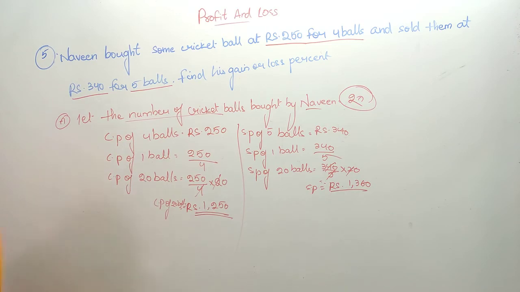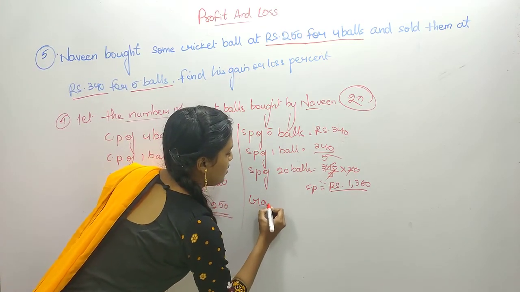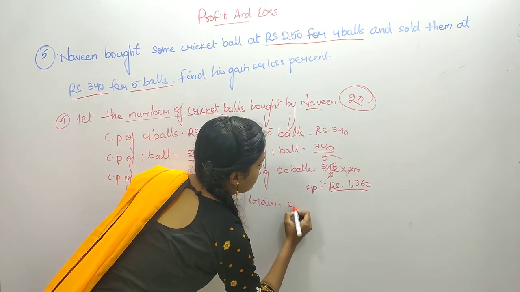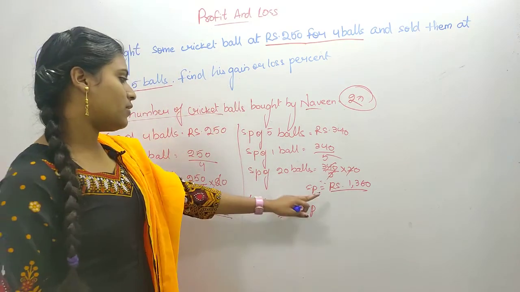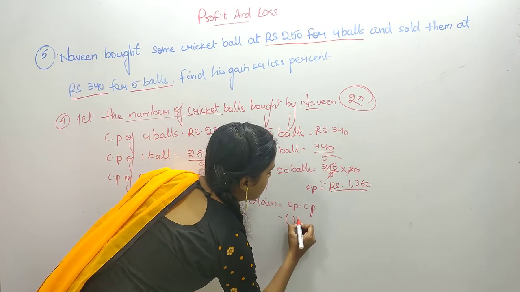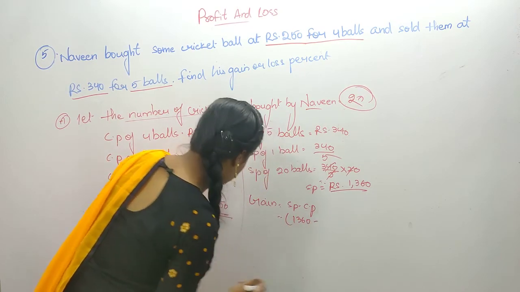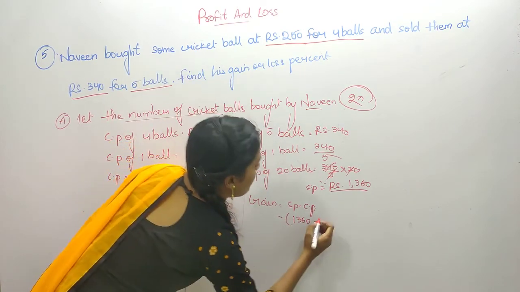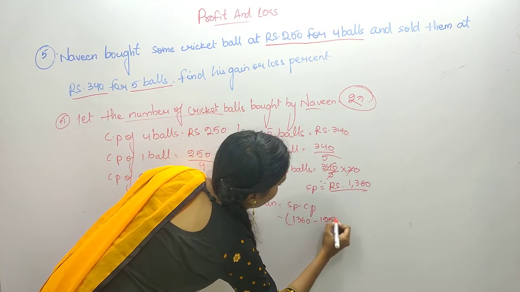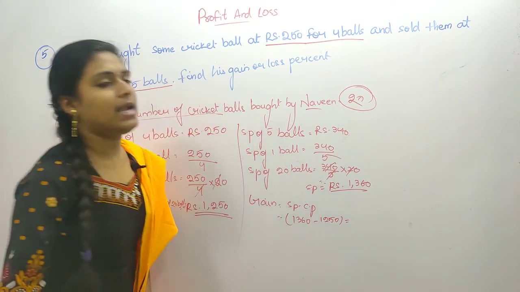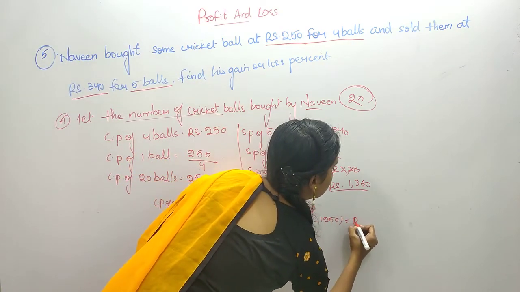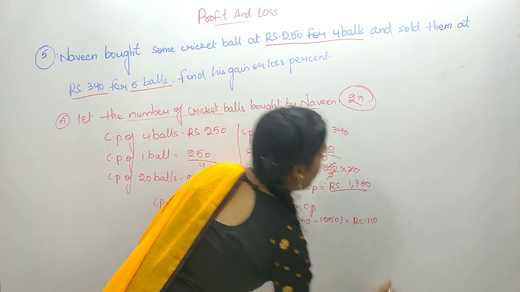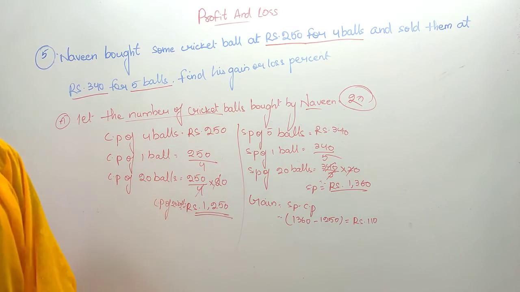Gain is equal to SP minus CP. SP is 1360 minus cost price 1250. By subtracting both, what answer do we get? Rupees 110. We found the gain.